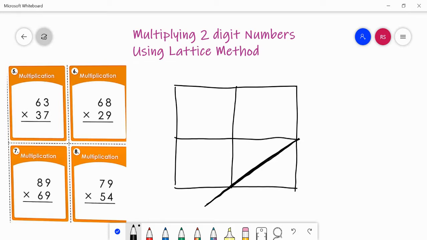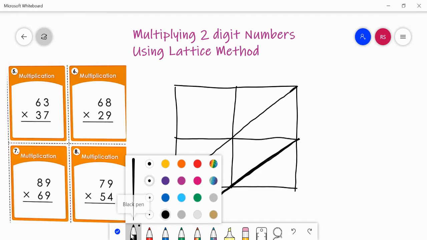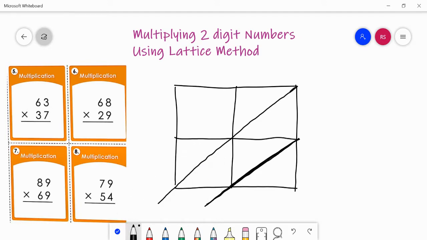Your second diagonal is going to go through the top right-hand box and the bottom left-hand box. If I start up here again, I'm going directly through this box, directly through this box, and a little bit outside. All right, I'm going to make that a little darker for you guys. So go ahead and do this with me.